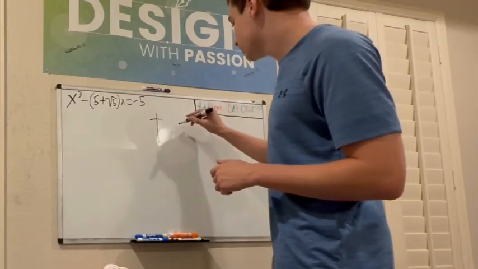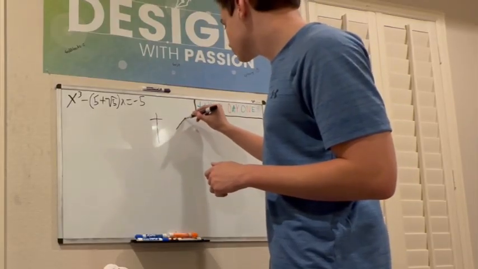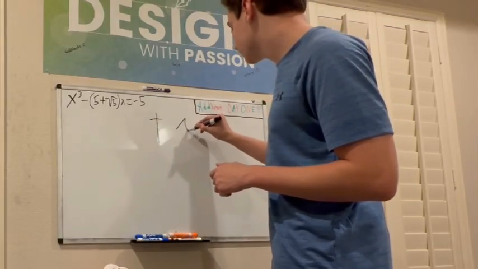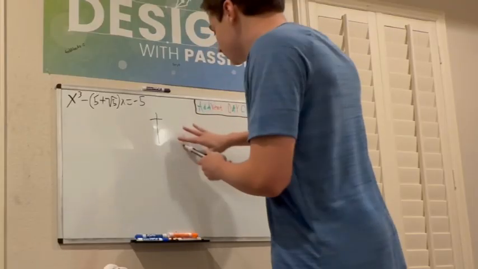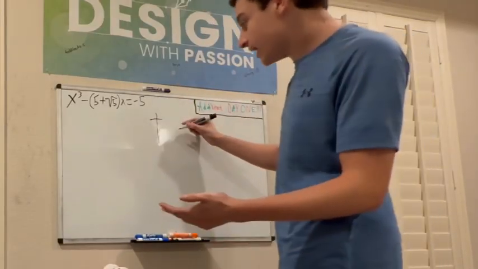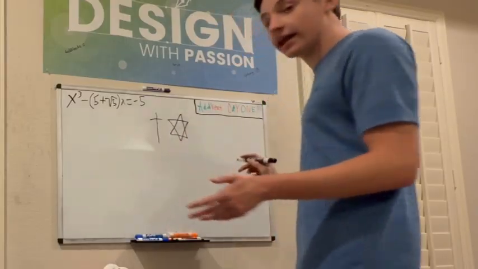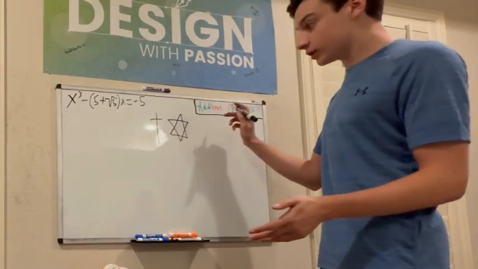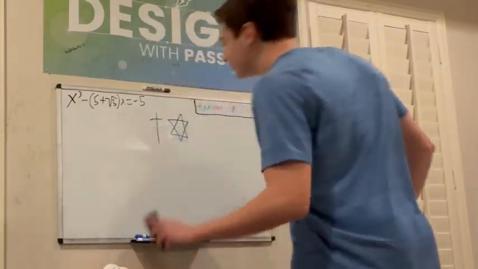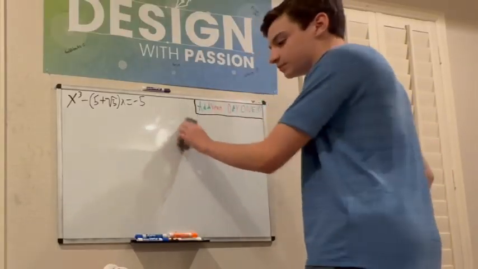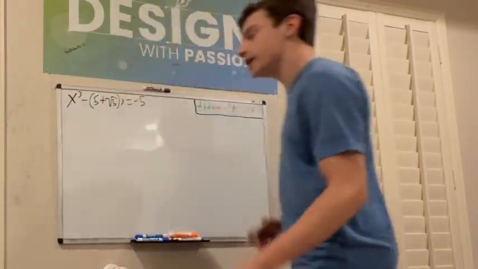So the multiplication symbol, that little asterisk one, is technically a star. So you could argue that would actually work. Not entirely funny, but at least it makes sense if you really think about it. I don't know.